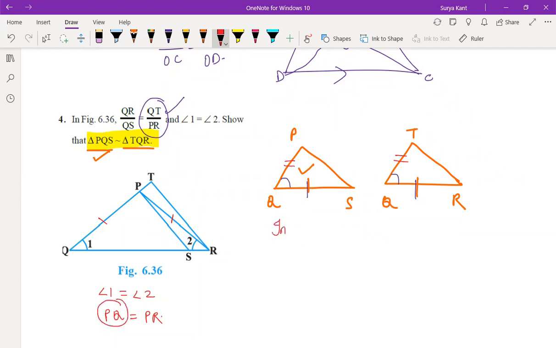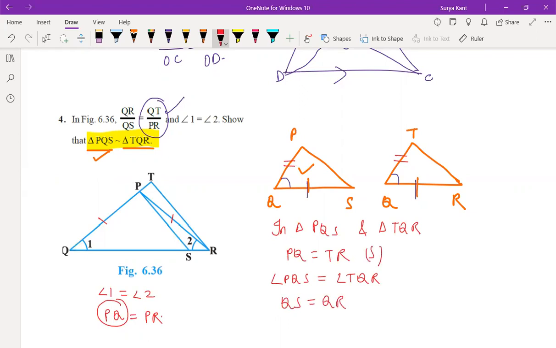So in triangle PQS and triangle TQR, PQ is equal to TR, angle PQS is equal to angle TQR, and QS is equal to QR. So by side, angle, side. PQ is equal to PR is given.